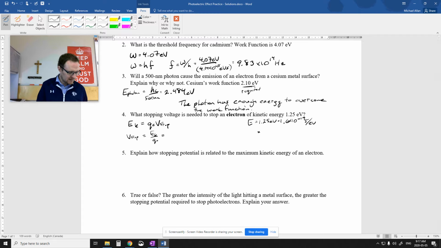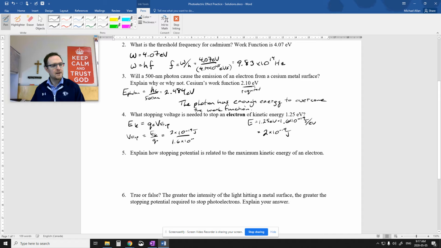Then I'm going to divide by 1.6 times 10 to the negative 19, which is just coulombs here. And mathematically, this will just turn into 1.25 volts. Oh, not electron volts, sorry. Why did I say electron volts? It's the same number, different units. But it ends up being the same number.